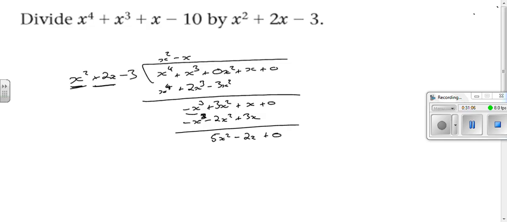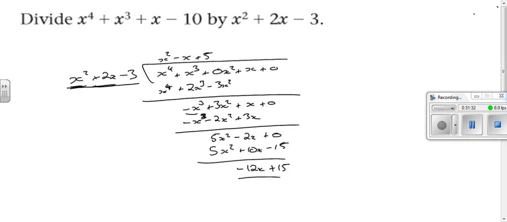What we're then going to do is see what we multiply x squared by to get 5x squared. That's going to be 5. So we then multiply everything here again by 5: 5x squared plus 10x minus 15. So top take away the bottom is going to be 0. Minus 2x take away 10x is going to be minus 12x. 0 take away minus 15 is going to be plus 15.